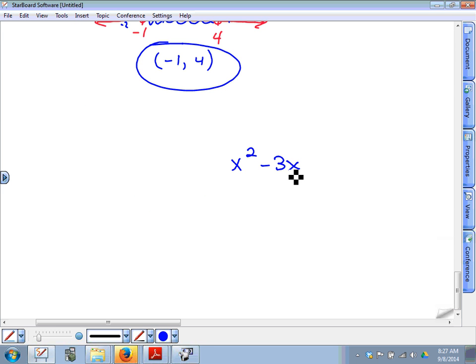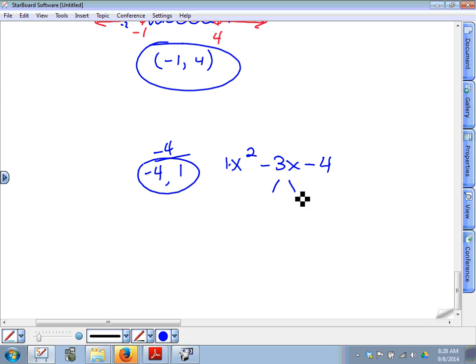X squared minus 3x minus 4. So, to factor this, there's a 1 in front of the x squared. 1 times -4 is -4. We need two numbers that multiply to -4, but that add to -3. That's going to be -4 and +1.